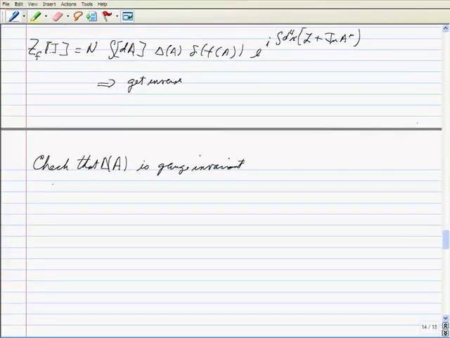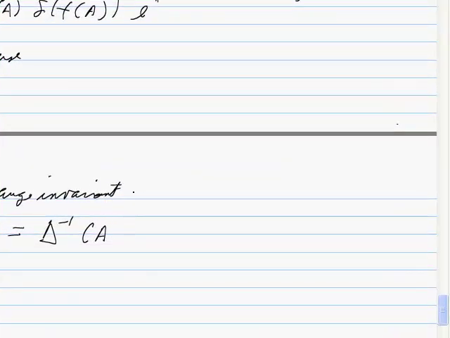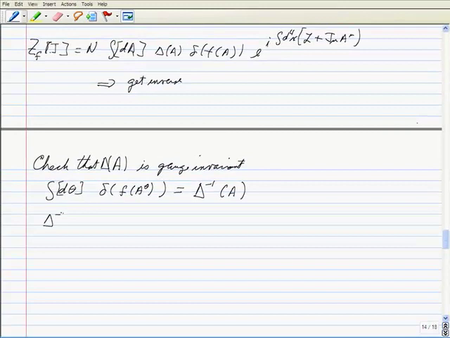All right, so basically we're doing this path integral d theta, delta of f of A of theta. That's delta minus 1 of A. Okay, that's our definition. What happens if I try rotating this? So delta minus 1 of A of some theta 0.